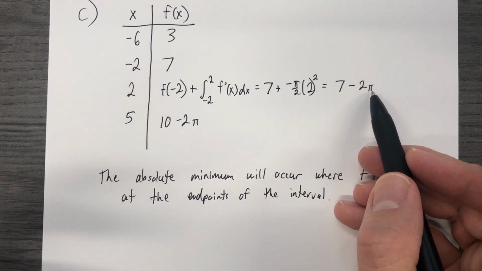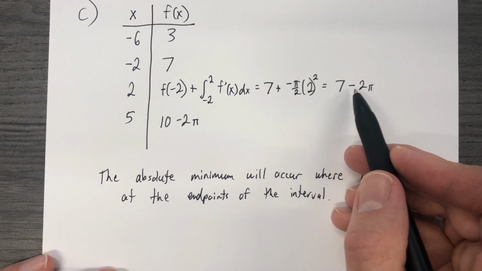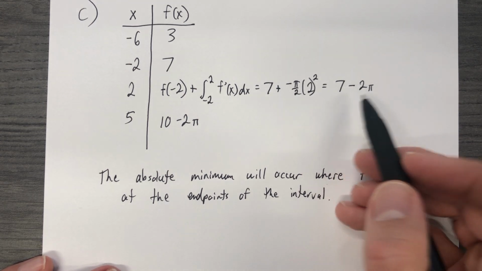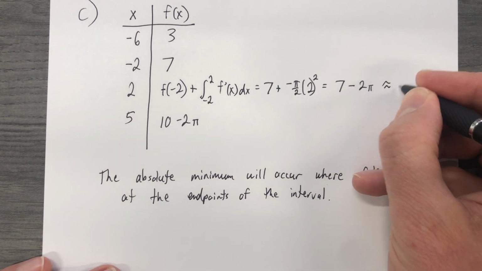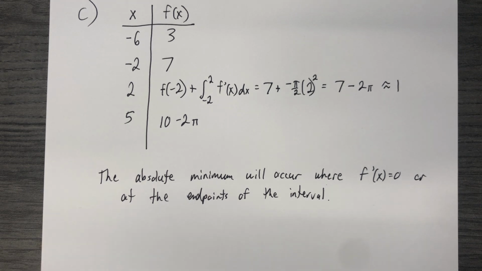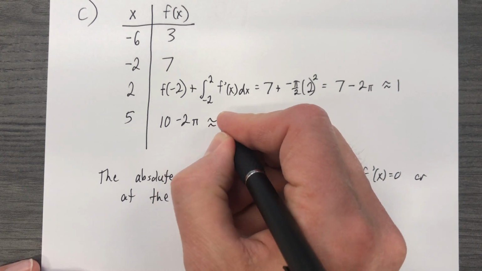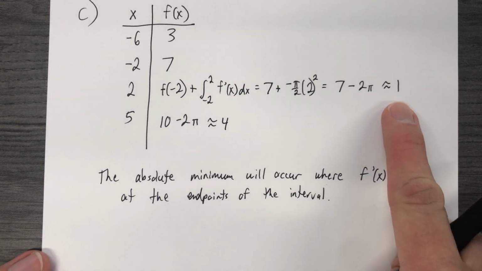Wow. Way off in my head. I was doing 7 minus 3. Okay, 7 minus 2 times 3 is going to give me 1. This is basically like 1-ish. If you want to get all technical, it's not 1, but it's pretty close to 1. So if we're estimating, that would be it. And 10 minus 6 would be 4. So if I'm looking for the lowest, we found it.